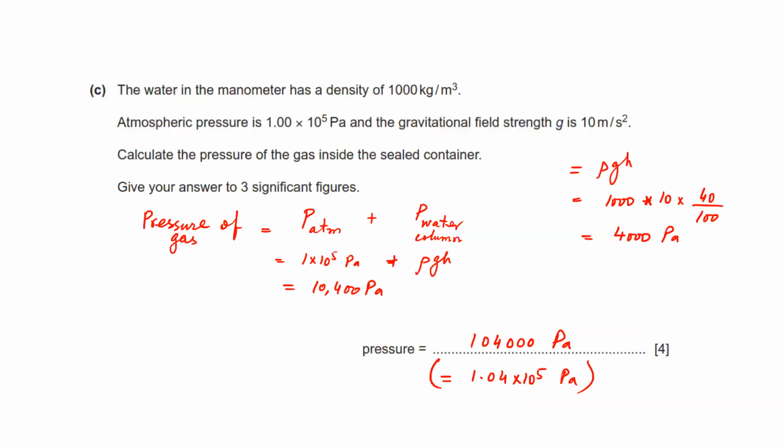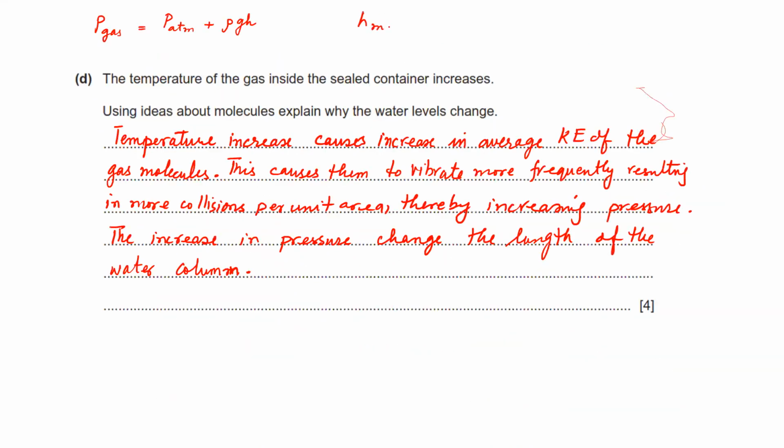So h max is 100 centimeters, so this will be 10 to the power 5 plus 1000 multiplied by 10 into 1. So 2 into 10 to the power 5 is the maximum pascals it can measure. So if the pressure is more than this, the manometer is unable to measure it.